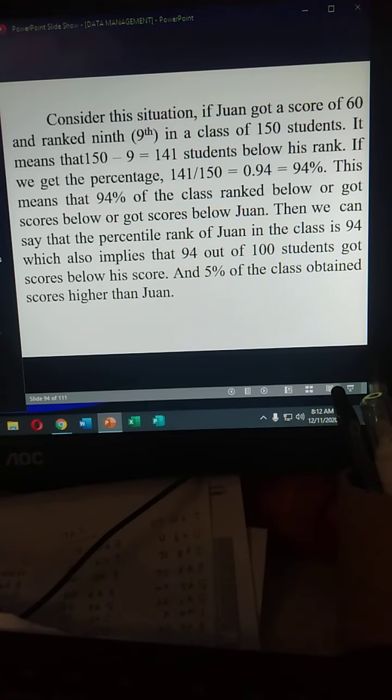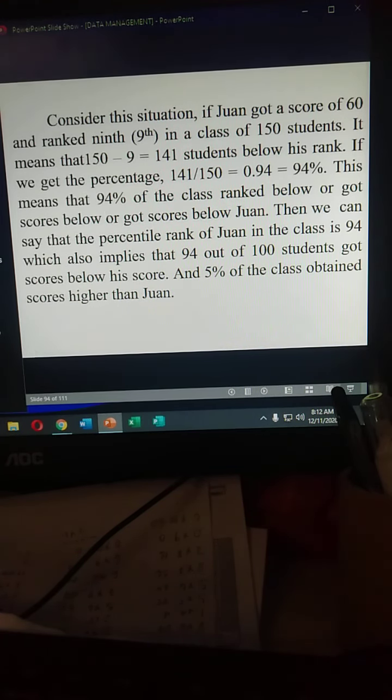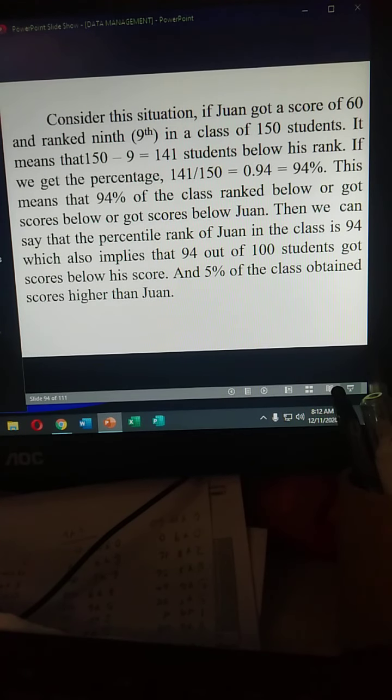Okay. Consider this situation. If one got a score of 60 and ranked 9th in a class of 150 students, it means that 150 minus 9 is 141 students below his rank.